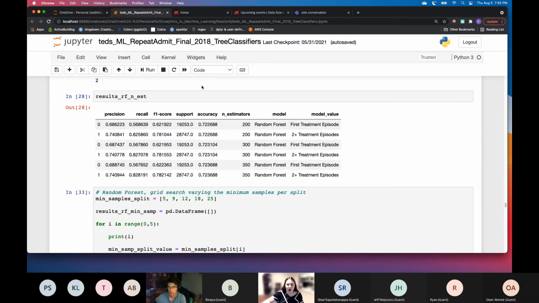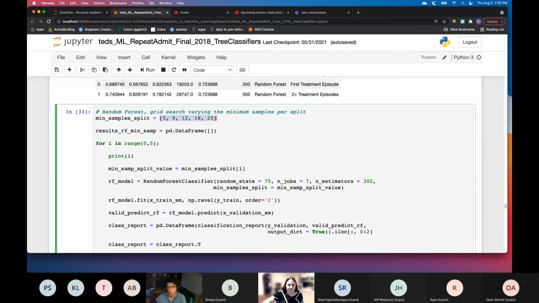Then I ran it in a loop and printed this out. So you can see here that the number of estimators did not change the metrics at any of them really at all. So the number of estimators, I can pretty much throw that out. It's not going to help me. And that's pretty common. Number of estimators in this particular model doesn't usually change it much.